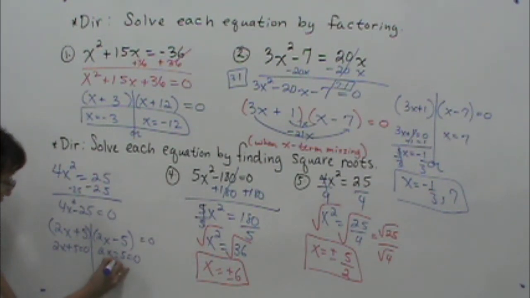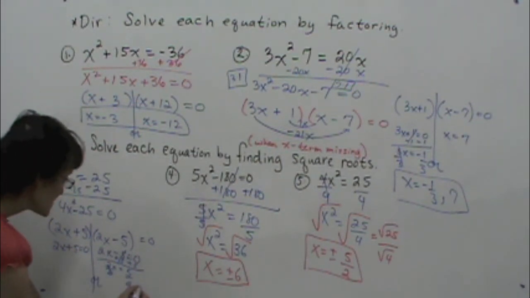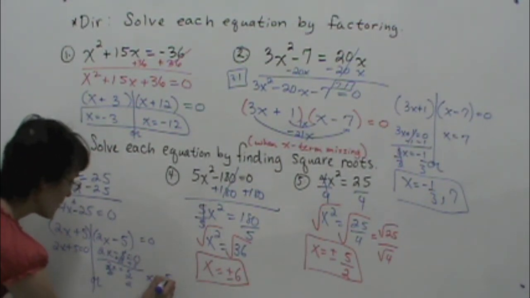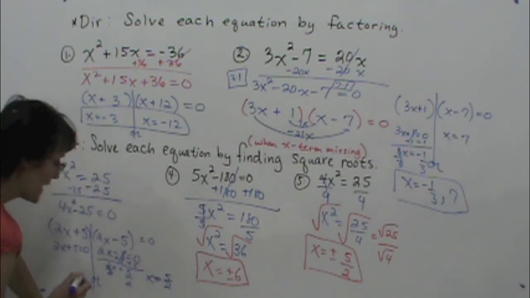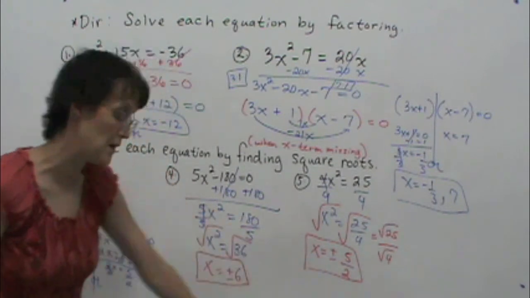For this, I add 5 to both sides and divide by 2 on this one. And there I get my x equals 5 halves. Still on there? Yeah. Okay, so x equals 5 halves. I'll put it right here so I don't go off the screen. So x equals 5 halves. That's what this is, positive 5 halves. See, it's the same.